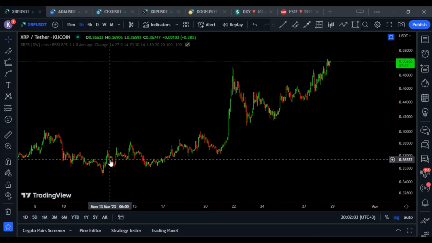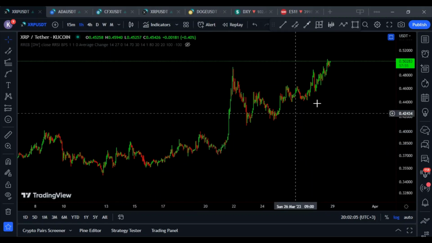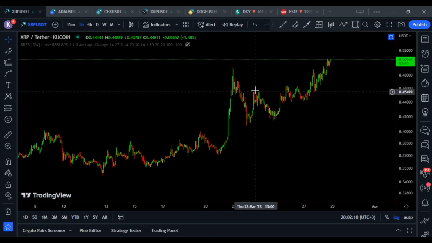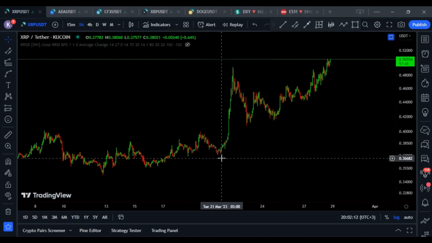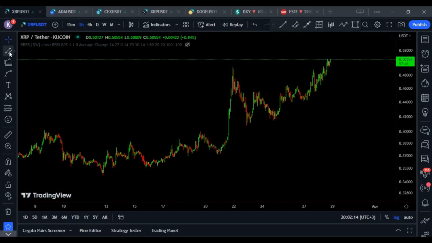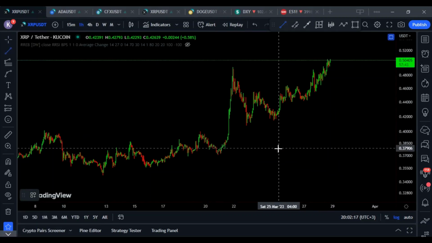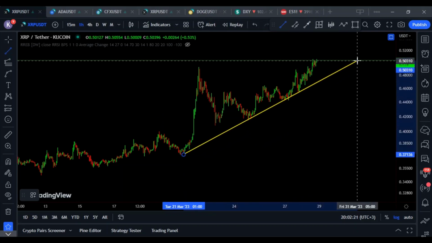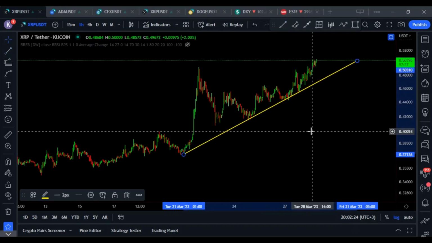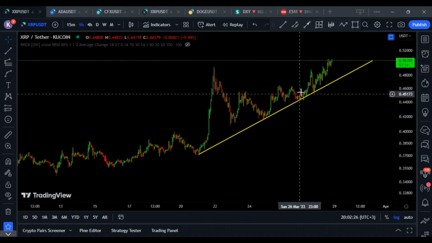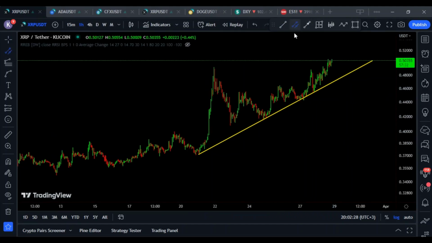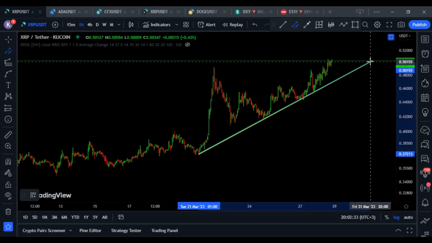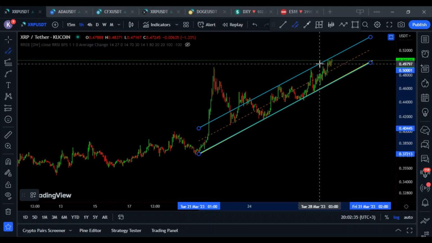And since there are many XRP fans out there and XRP is pumping, I thought, why don't we analyze this on XRP on the 1 hourly? So as I said before, we have learned how to add supports by a straight line and how to add parallel channels as well.